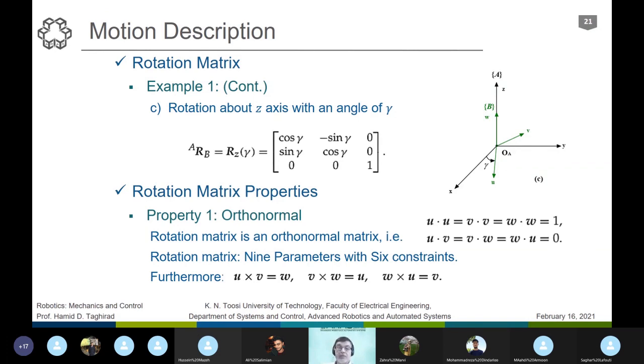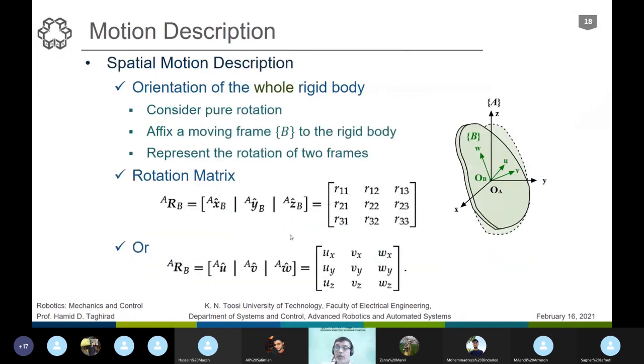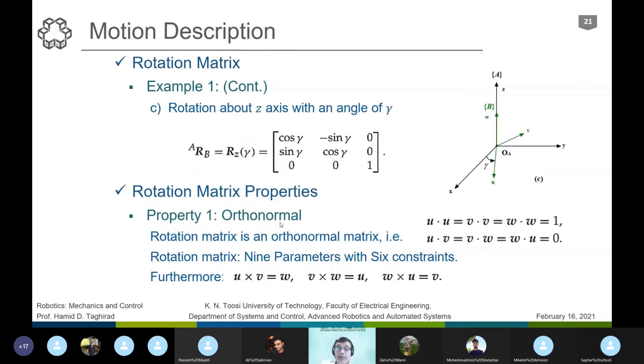This matrix is orthonormal. Orthonormal means that all the columns are orthogonal to each other, and all the columns are normal, or unit vectors. We saw that in the definition that these are unit vectors, as you see here. So the normal one is quite easy and understandable, but the orthogonality is also important.